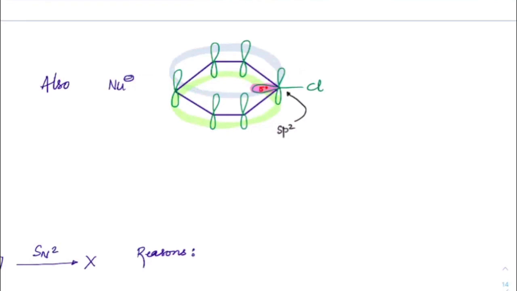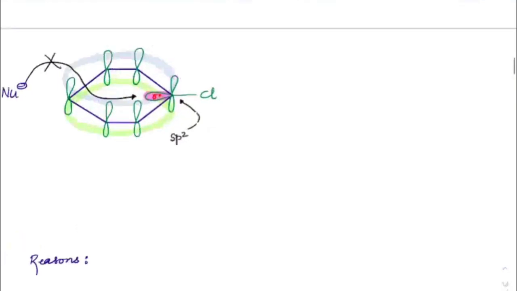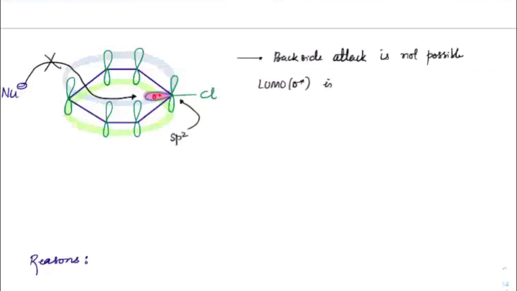So we can say that the nucleophile cannot approach here, which inhibits the reaction from happening. Therefore, the other reason is that backside attack is not possible, and the reason is the LUMO sigma star is present inside the ring. So it is difficult to approach.